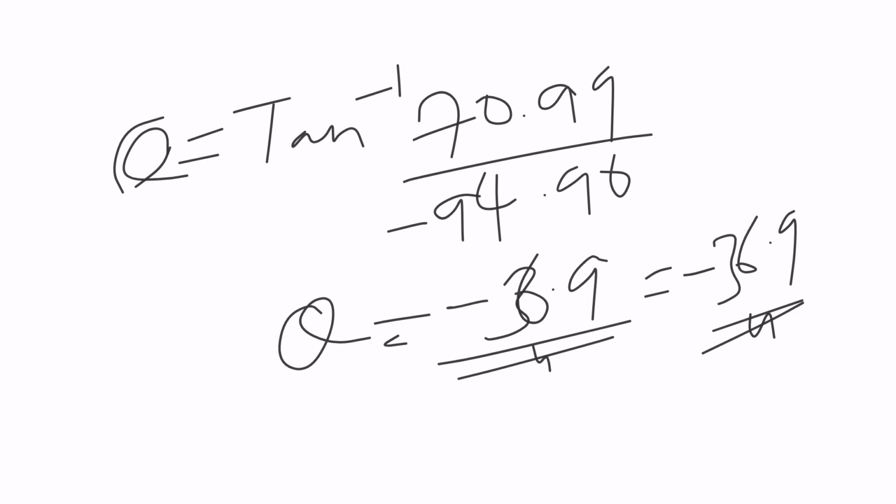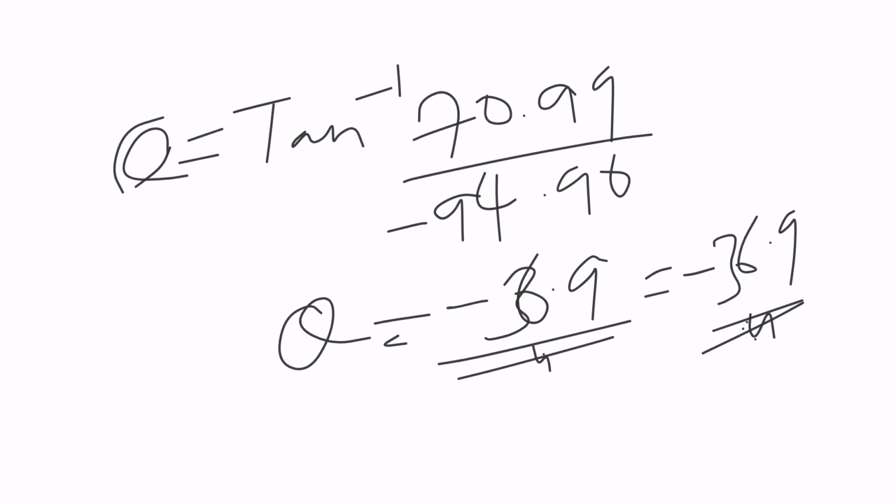Those who learned trigonometry learned about 'all students take care', the signs. I will not go into detail on trigonometry, but I'll just give you what you should do here. So to make this angle positive.